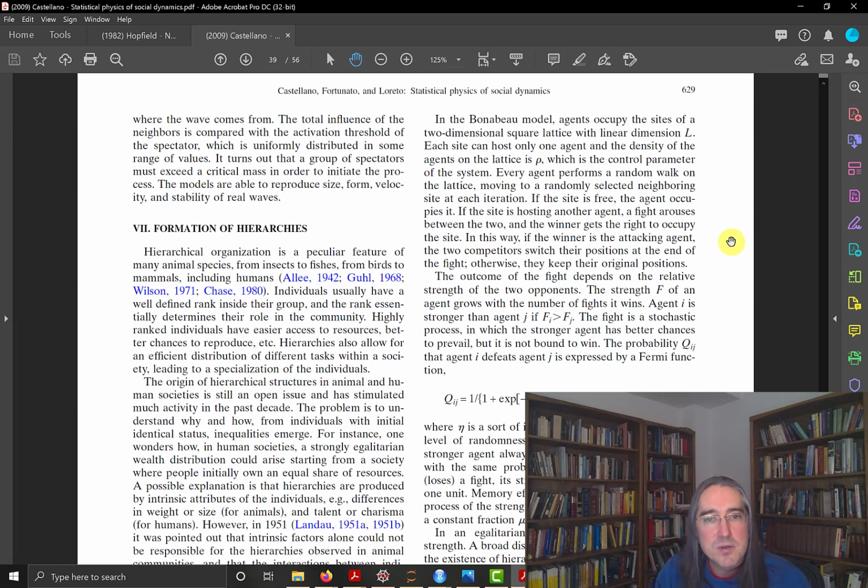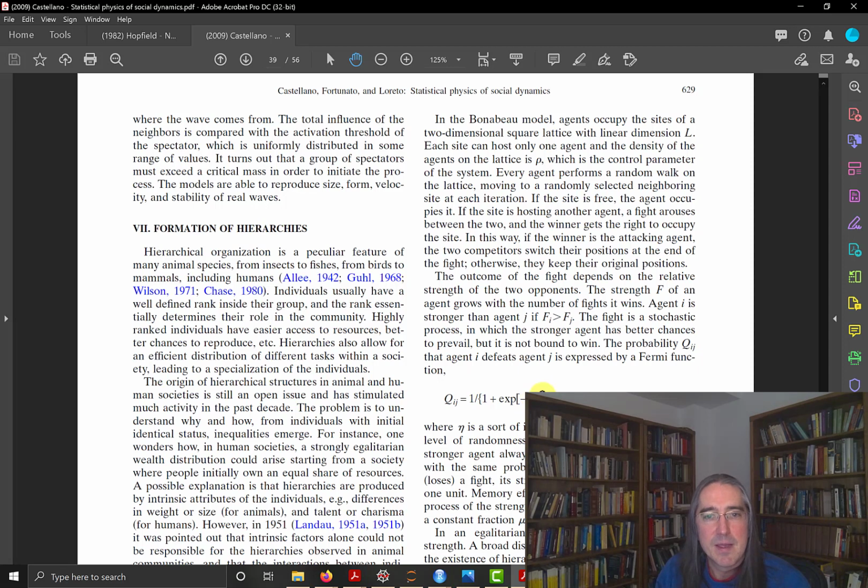If i is stronger than j, it should be more likely that i wins. But it's not guaranteed. The way they decided to balance this idea of randomness with some kind of ordering is that we look at the difference of strengths. If i is stronger than j, this is positive.